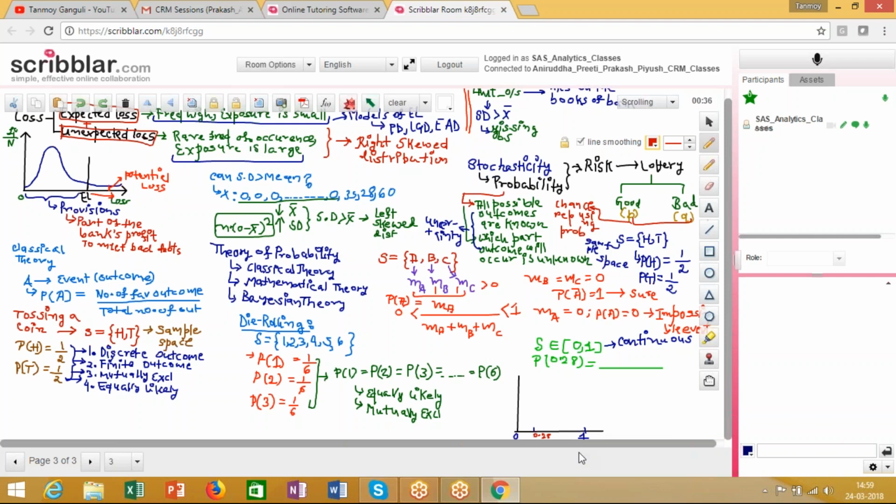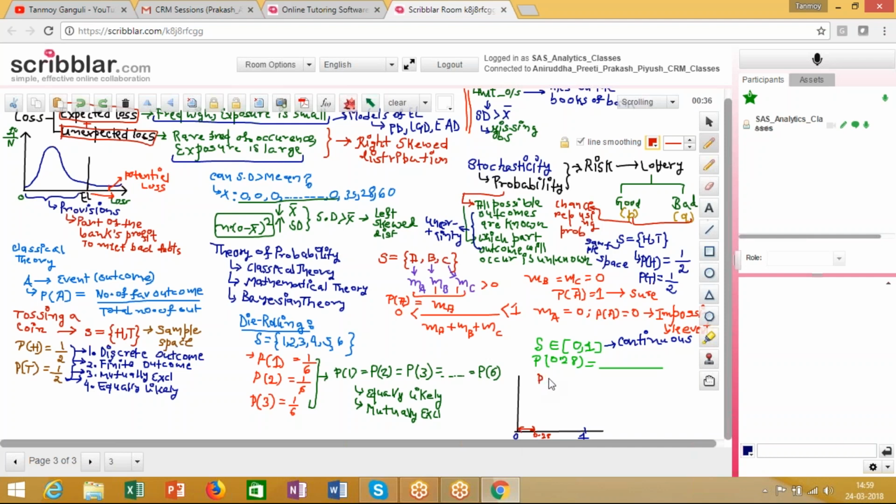So over here, if I have this kind of a continuous function, then instead of identifying the probability of getting 0.28, it is always better to understand the chances of getting a value less than or equal to 0.28.